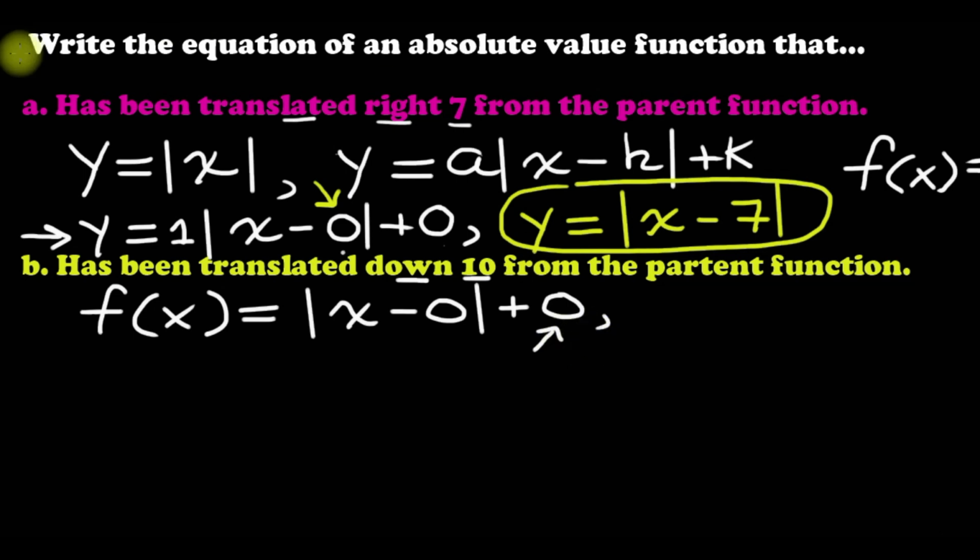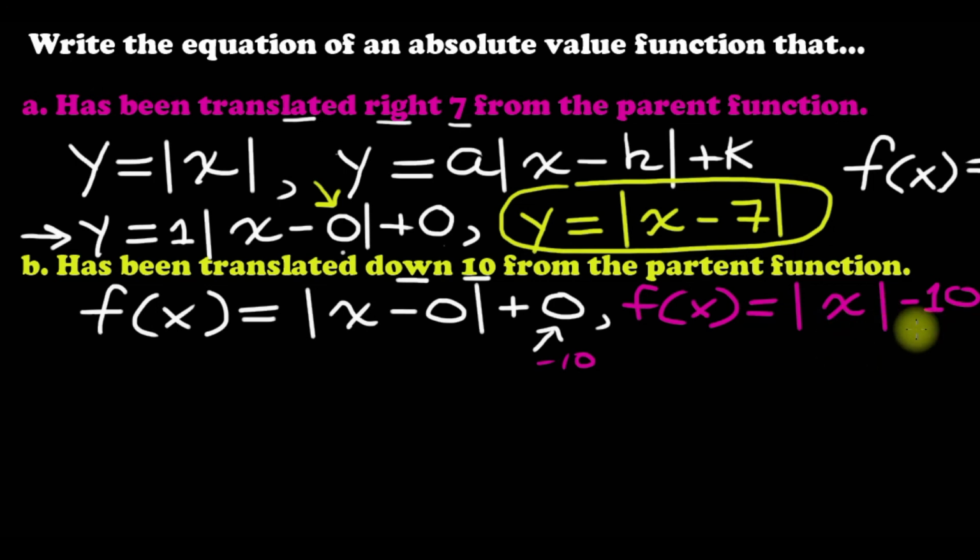So the new function after the transformation is going to be f of x is the absolute value of x, and we're not going to put the 0 there, minus 10, so it'll be negative 10 here. So this right here is the parent function minus 10. So you're going down 10 units from the parent function.